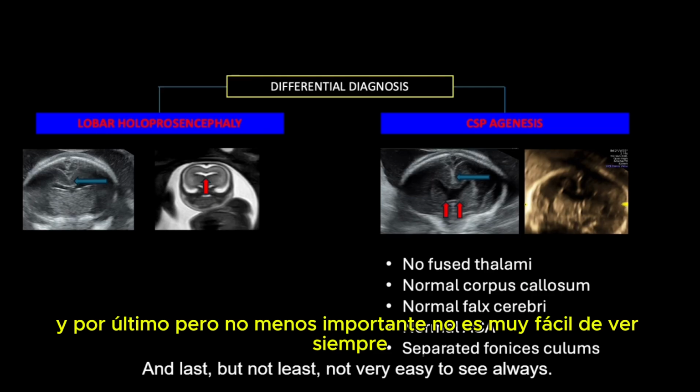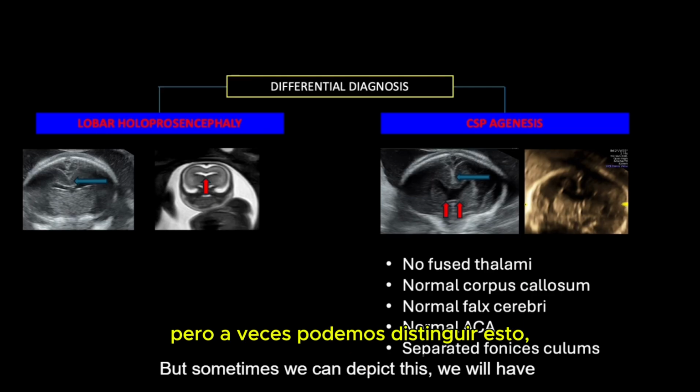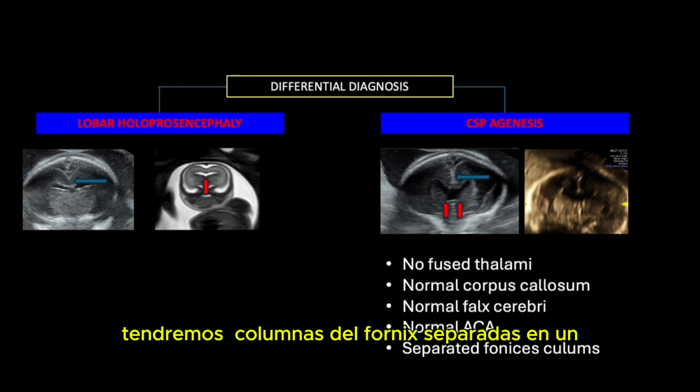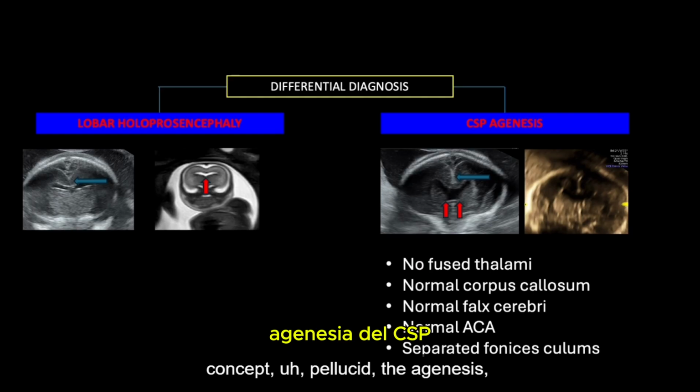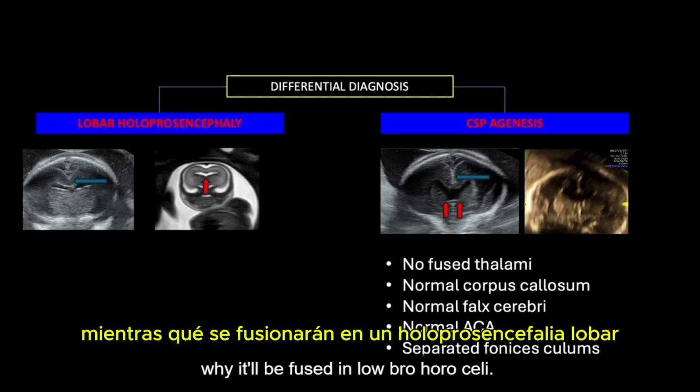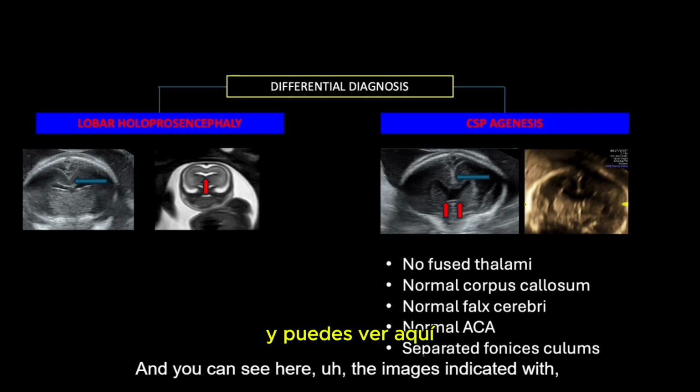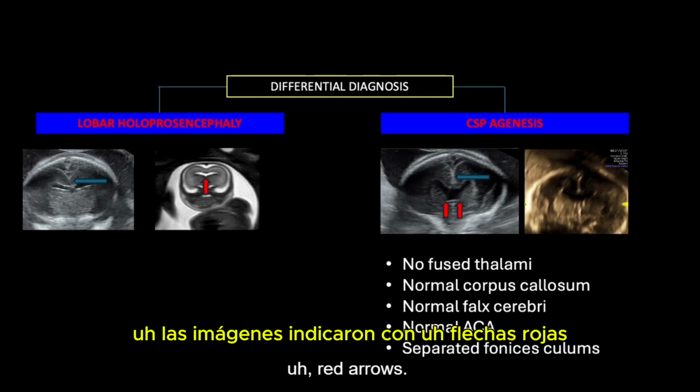And last but not least, not always easy to see, but sometimes we can depict this, we will have separated fornix columns in cavum septi pellucidi agenesis, while they will be fused in lobar holoprosencephaly, and you can see here the images indicated with red arrows.